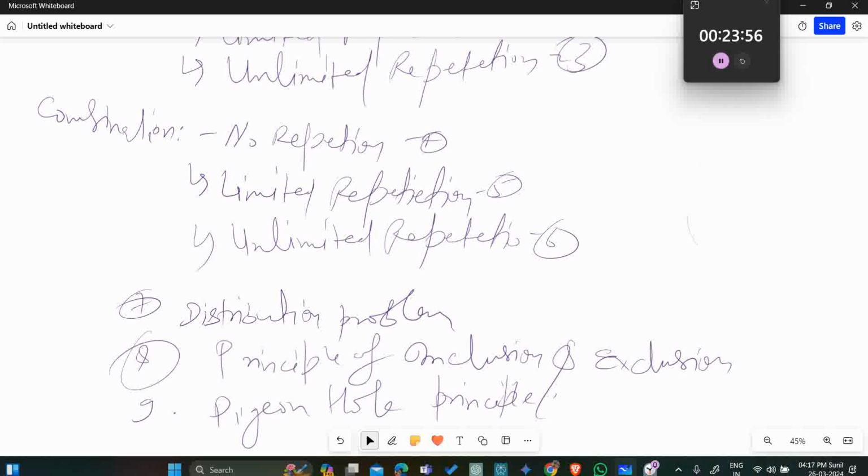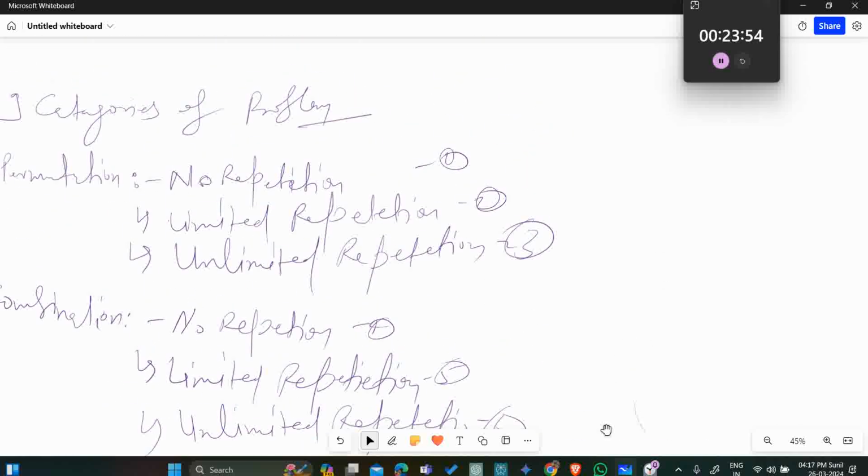So first, for short notes, we will write some formulas for this. This is NPR, where R is less than or equal to N, and for limited repetition, N factorial upon N1 factorial, N2 factorial, N3 factorial, and so on.